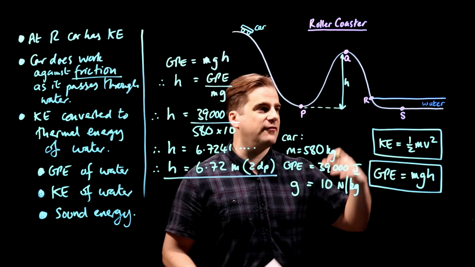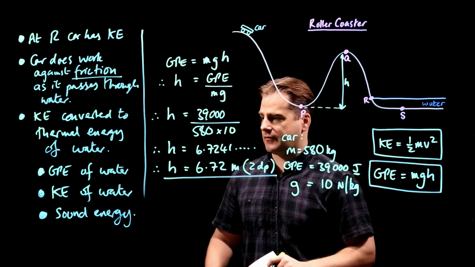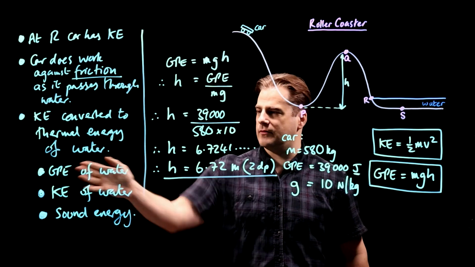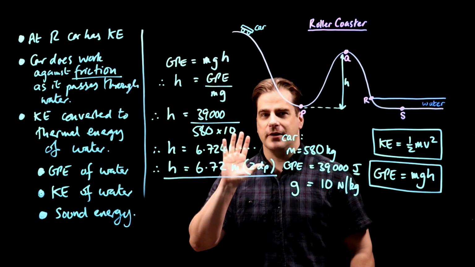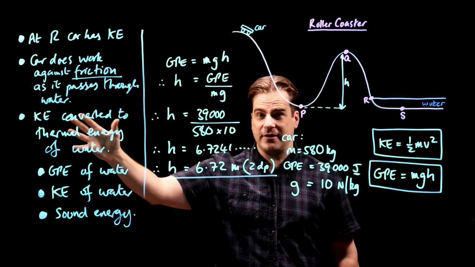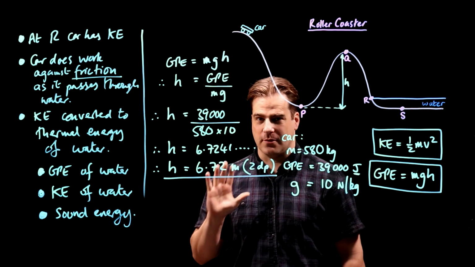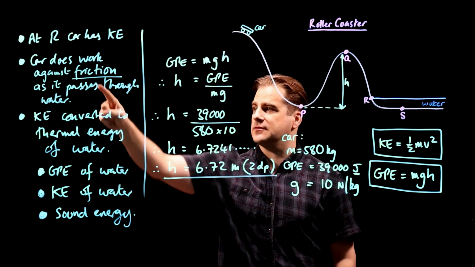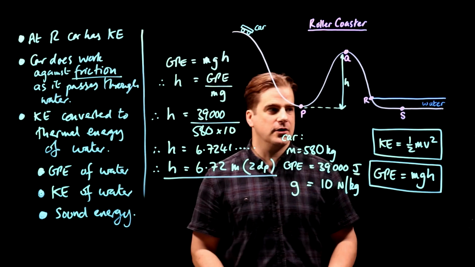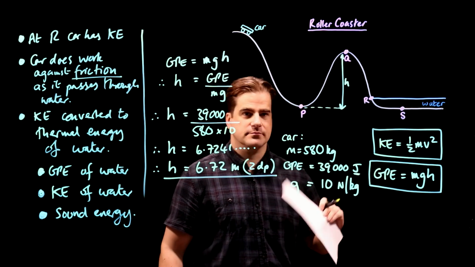And the water eventually comes to a standstill, so it doesn't have any kinetic energy. So those two, in the long term, are gone. In the exam, put thermal energy of water and sound energy. Okay, they're the important ones. And mention the word friction. Good, and that's it. There we go.